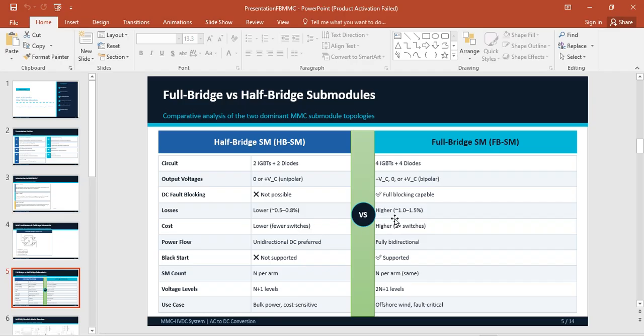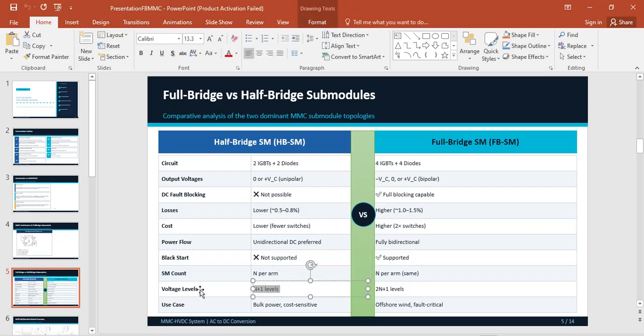Cost is also less, whereas the cost in full bridge is twice due to the greater number of switches. Power flow in half bridge submodule is unidirectional, whereas in full bridge it is bidirectional. Black start capability in half bridge is not supported, whereas in full bridge it is supported. Voltage levels: we have n+1 levels if you are using the half bridge, and 2n+1 levels if you are using the full bridge as an inverter, right?